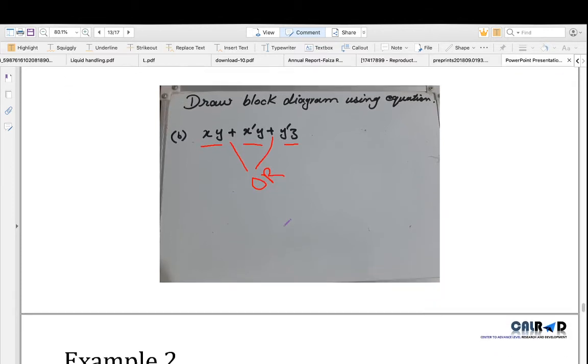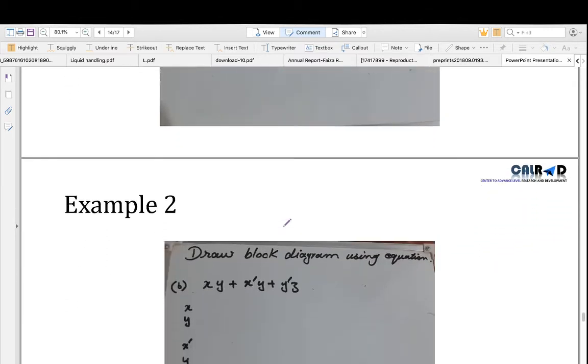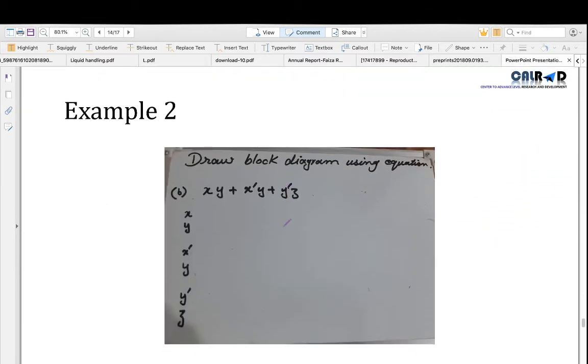So let's start. Same as previously, we write the inputs. The first input is x into y, so we write x and y. Second is x dash y, we write x dash and y. Third is y dash z, so we write y dash and z. Now we have all the inputs.